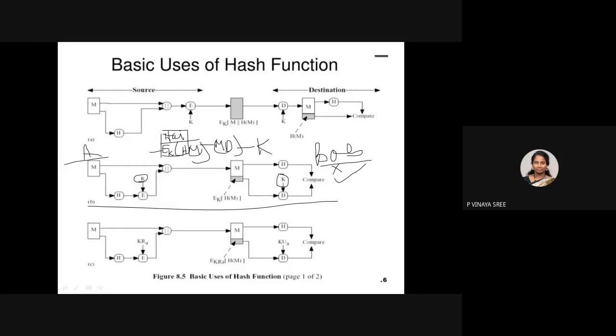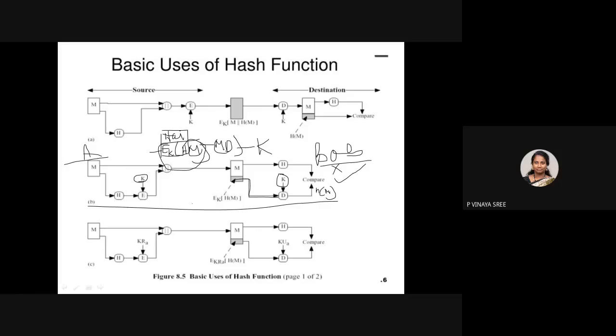Only for showing the proof that I am an authorized person. The receiver will also receive this and decrypt it with the same key. After that, the receiver gets a hash function. This function and this function will be compared. If both are the same, then it provides authentication, not confidentiality.